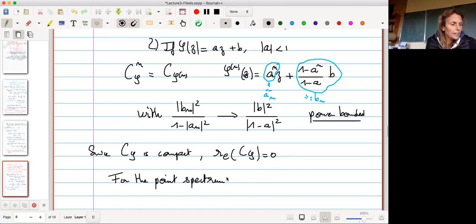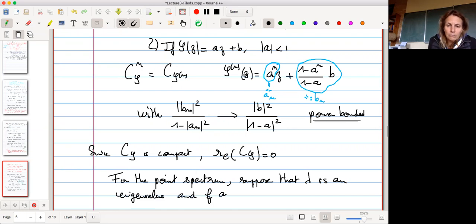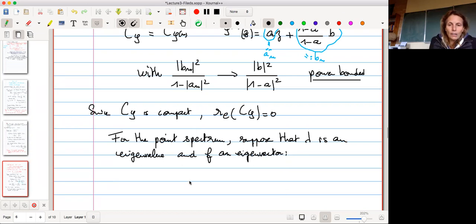So for the point spectrum, suppose there is an eigenvalue lambda and f an eigenvector, such that f of az plus b equals lambda f of z.